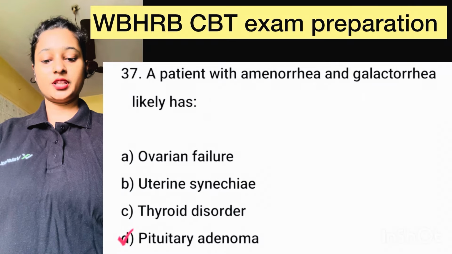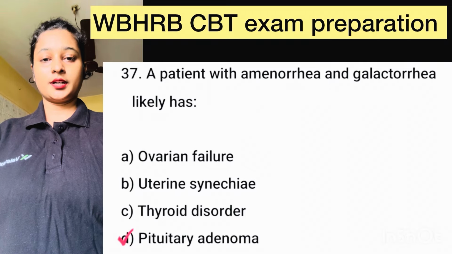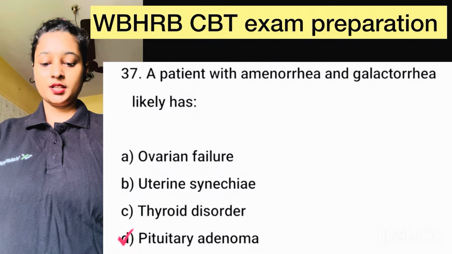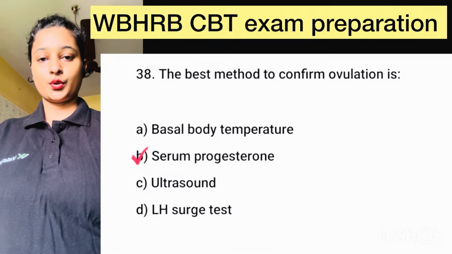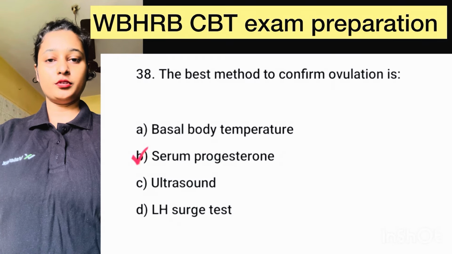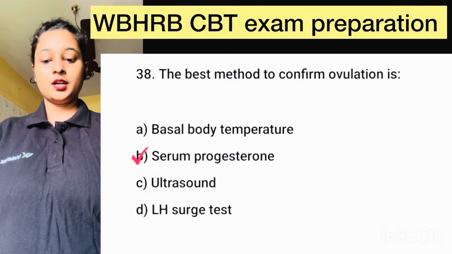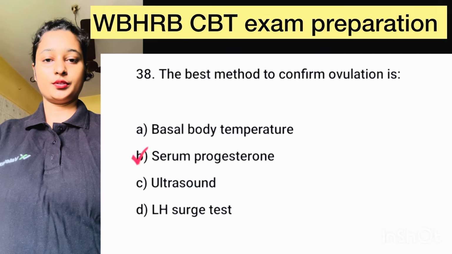A patient with amenorrhea and galactorrhea likely has. Here correct option is option D, pituitary adenoma. Question number 38. The best method of confirming ovulation is. Here correct option is option B, serum progesterone.